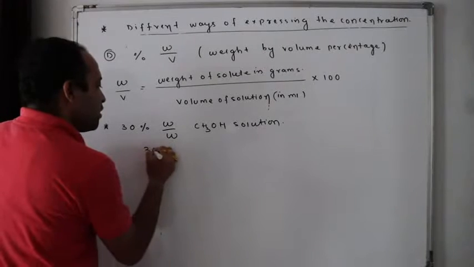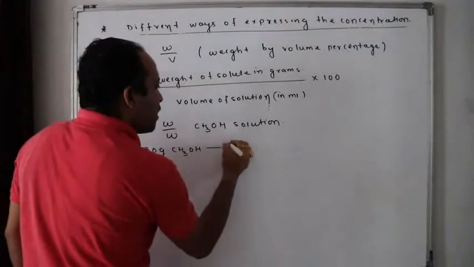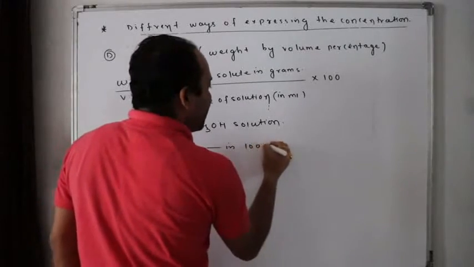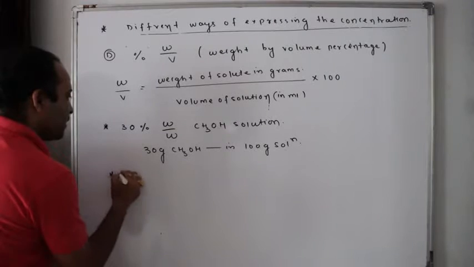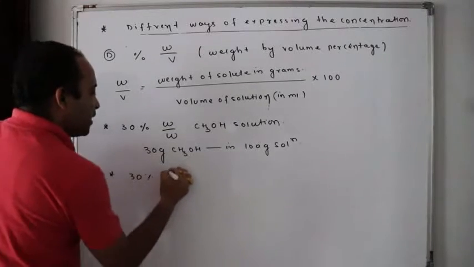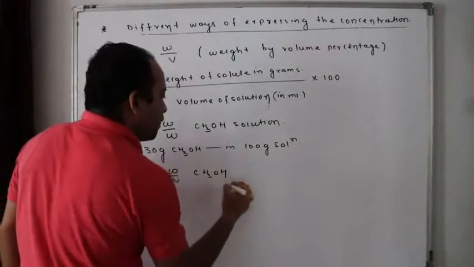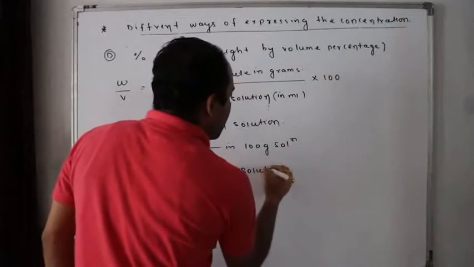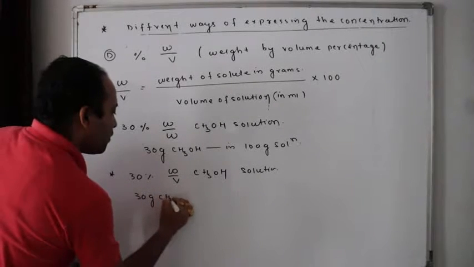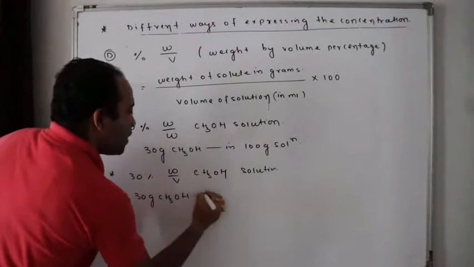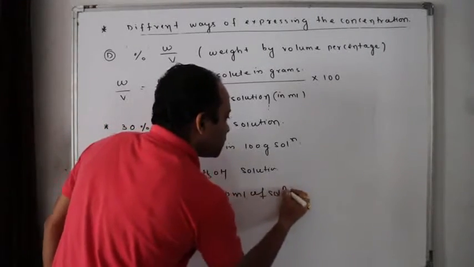That means 30 gram methanol in 100 gram solution. Isn't it? If I say 30% W by V of methanol solution, what do you mean by this? That means 30 gram methanol in 100 ml of solution.